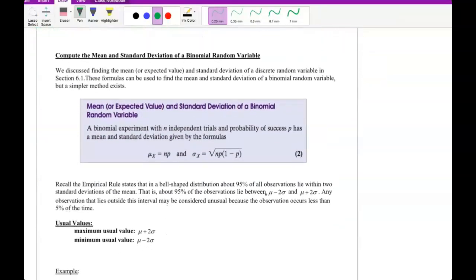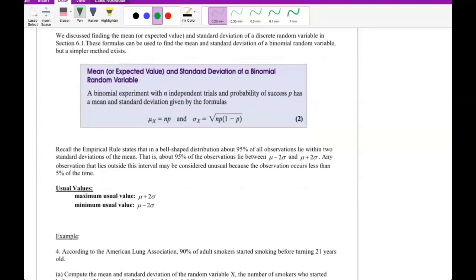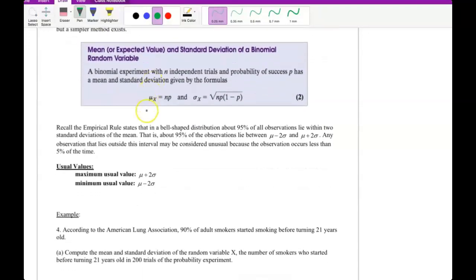Okay, next page. Now in this part we want to find the mean and standard deviation of a binomial random variable. So here is mean, and here we have n, the number of trials. p is probability of success.